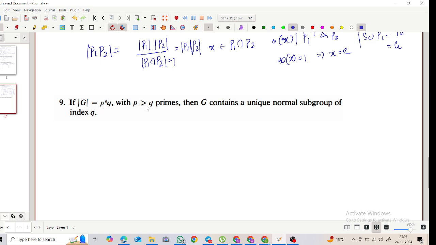Okay. So p is greater than q, right? They are saying G contains a unique normal subgroup of index q. That is, the Sylow p-subgroup of G is normal. Right? That's what we have to prove.